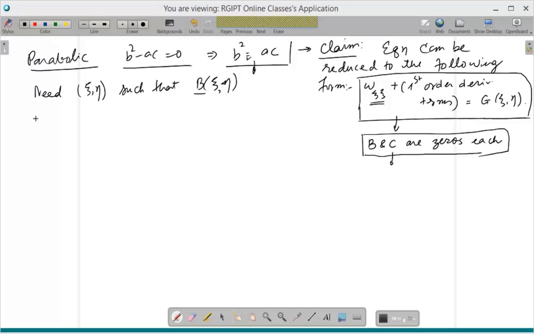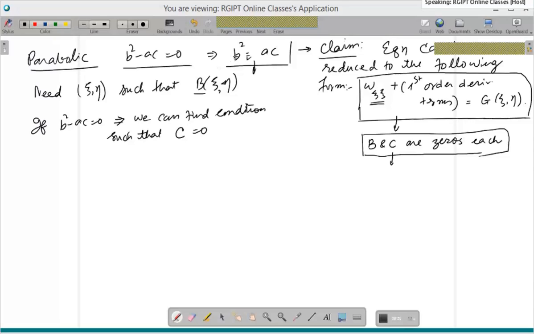So basically what I need to show is that if b square minus ac equal to 0, we can find a condition such that capital C is 0.